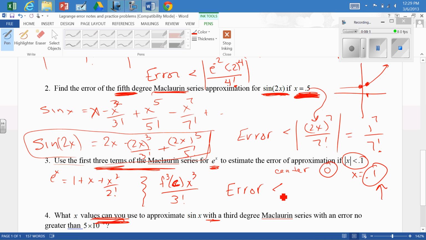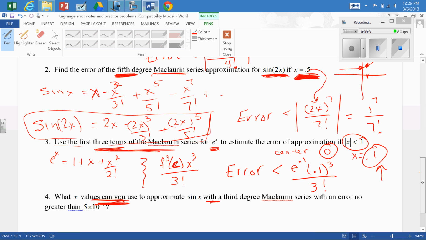So my error is going to be less than e to the 0.1. Remember, the derivative of e to the x, no matter how many times you take it out, is e to the x. So that's why I'm doing e to the 0.1, because I'm putting 0.1 in for x, times 0.1 to the 3rd over 3 factorial. Your error will be less than that value. It's not too bad.